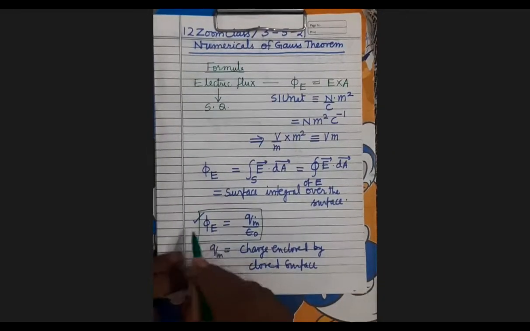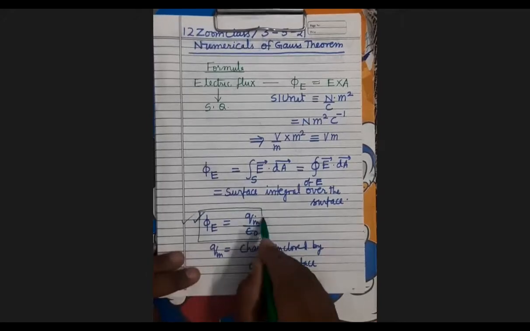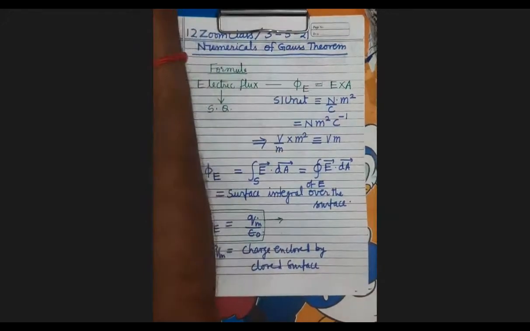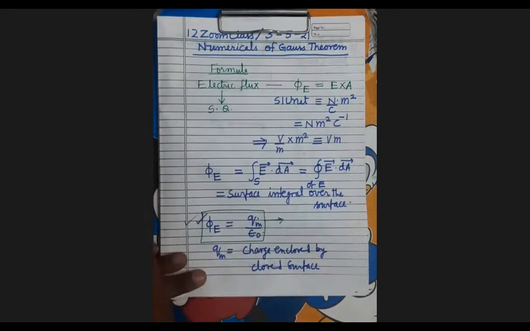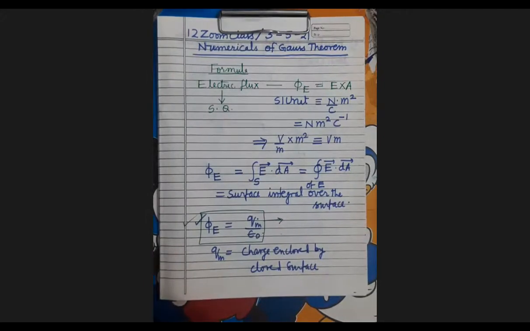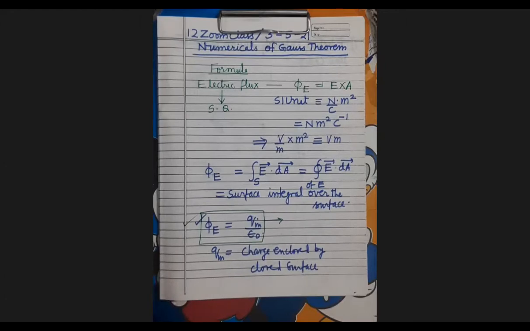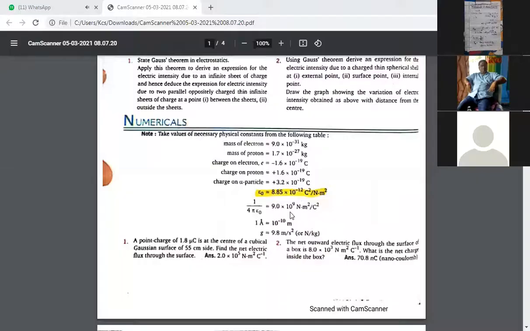So which formula you will use? This. Q in is given, 1.8 microcoulomb. Epsilon naught is given in the beginning. You can see here 8.85 into 10 to the power minus 12. Now see here, the value of epsilon naught is given. Now next question, the net outward electric flux, मतलब phi की value दी है.